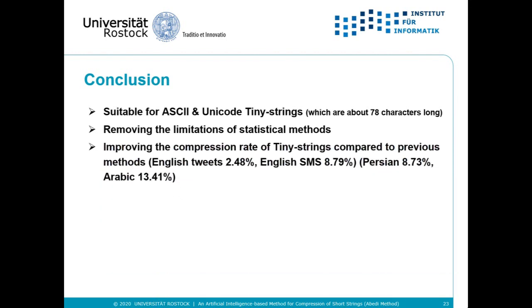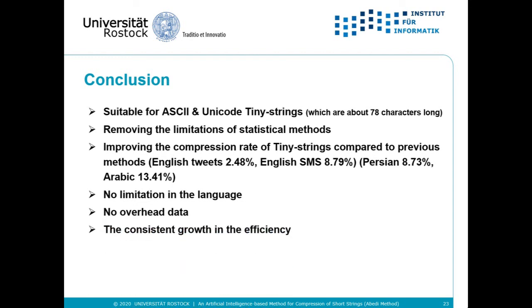It actually improved the comparison rate in comparison to other previous methods such as LZW and Huffman, and it's completely independent of language, and any text in any language can be compressed with this method. As an important advantage, our proposed method provides no overhead for lossless comparison of data, and by using artificial intelligence methods, it improves the comparison rate during the time.